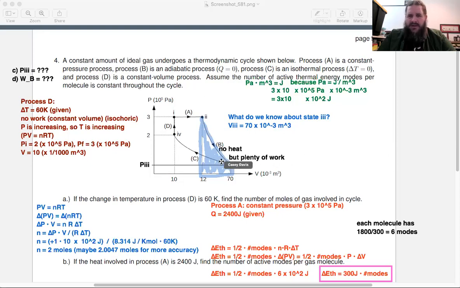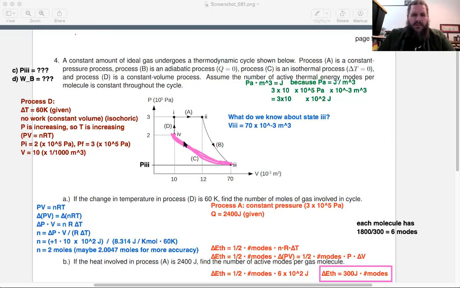But if we take a look at the process from 3 to 4, process C, I think process C is going to be a lot more useful here. Because if we focus on process C, it is isothermal. We know there's no change in temperature.